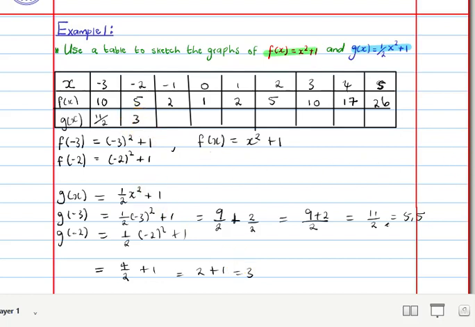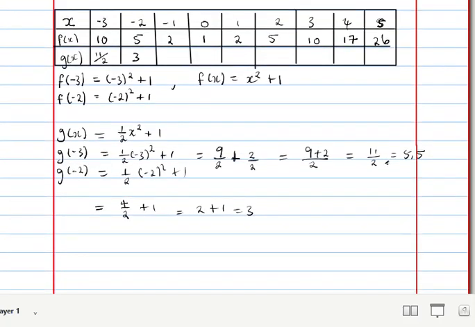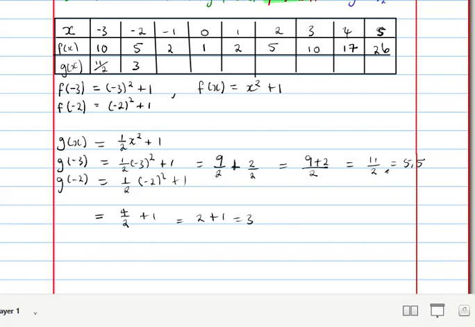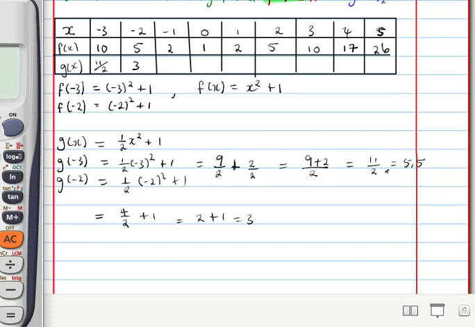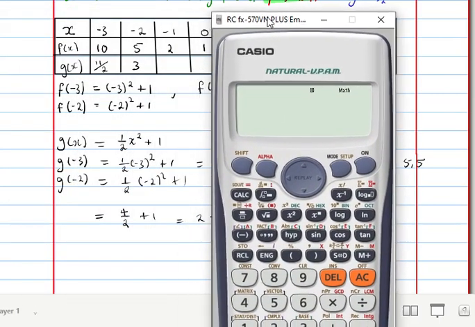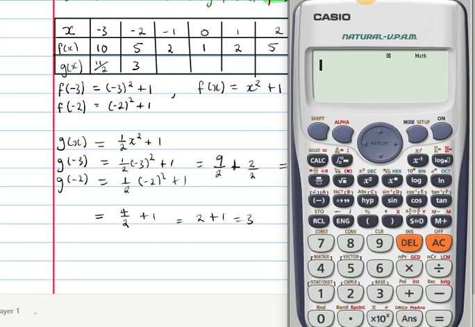Okay, get 3. And then, because of space, let's just use the calculator. Let's put this calculator here. Okay, so this is the calculator of ours.